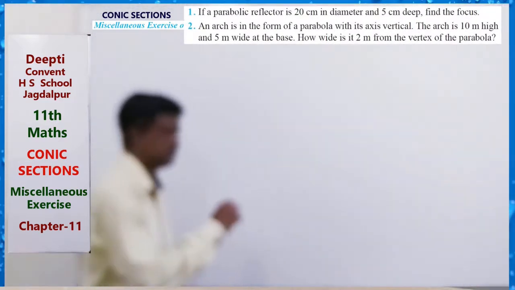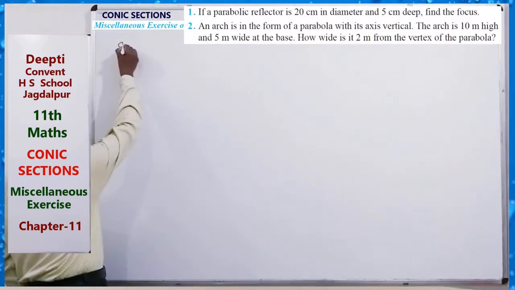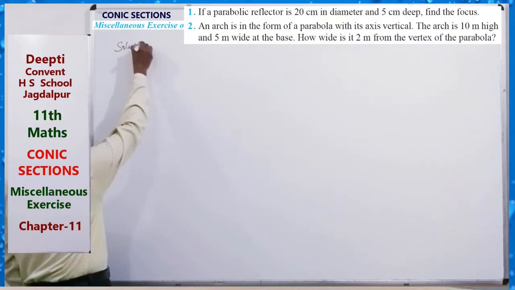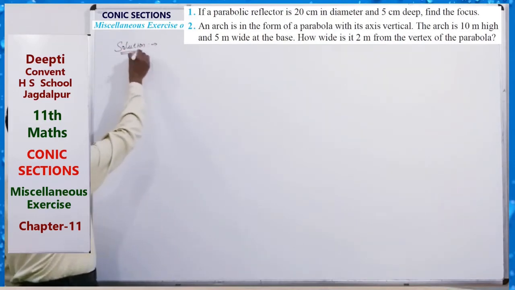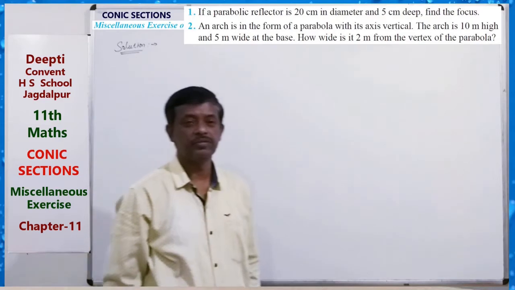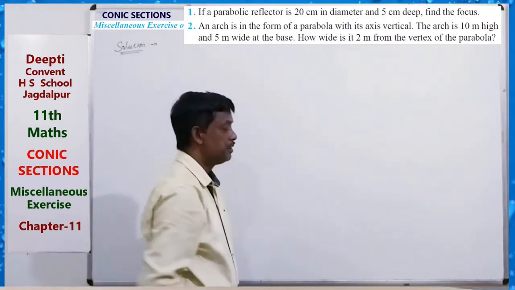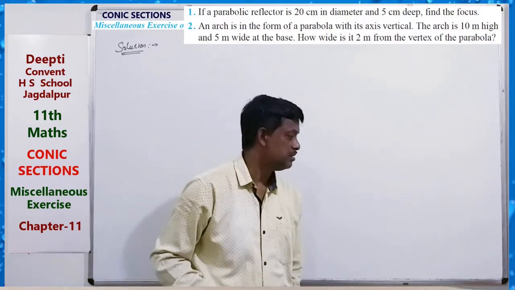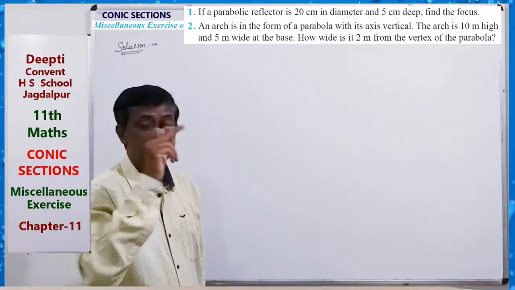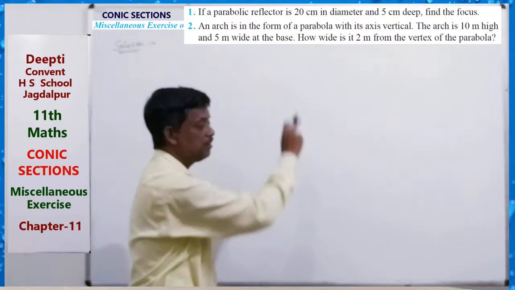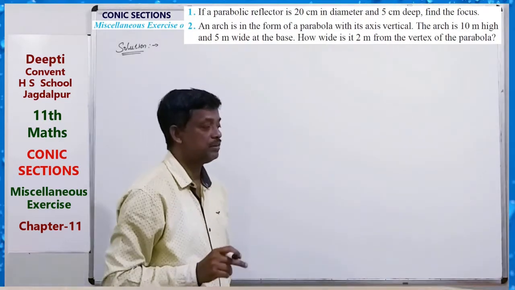The first question is, we'll use the idea from ellipse, parabola, etc. If a parabolic reflector is 20 centimeter in diameter and 5 centimeter in depth, find the focus.